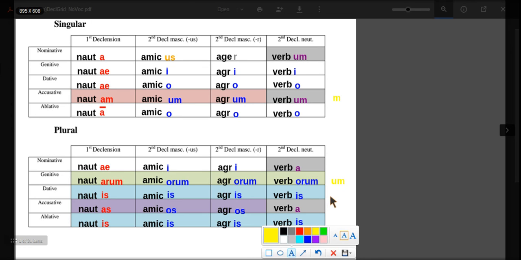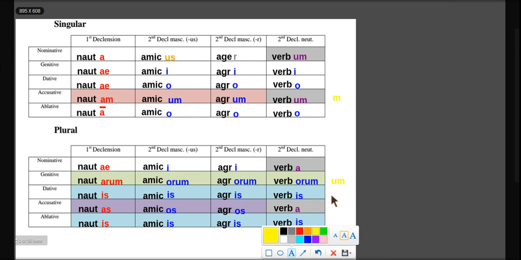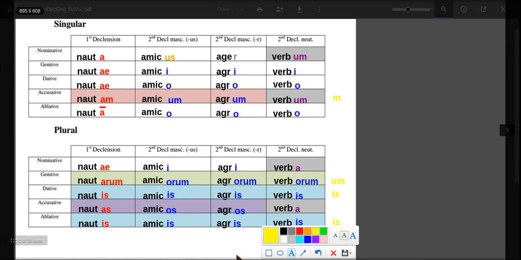Now your dative and ablative plurals both end in is here. So for the first and second declension, very helpful in memorizing forms in that. Your dative and ablative will always be the same within a given declension. And then for the first and second declension, you have the same long i-s ending.